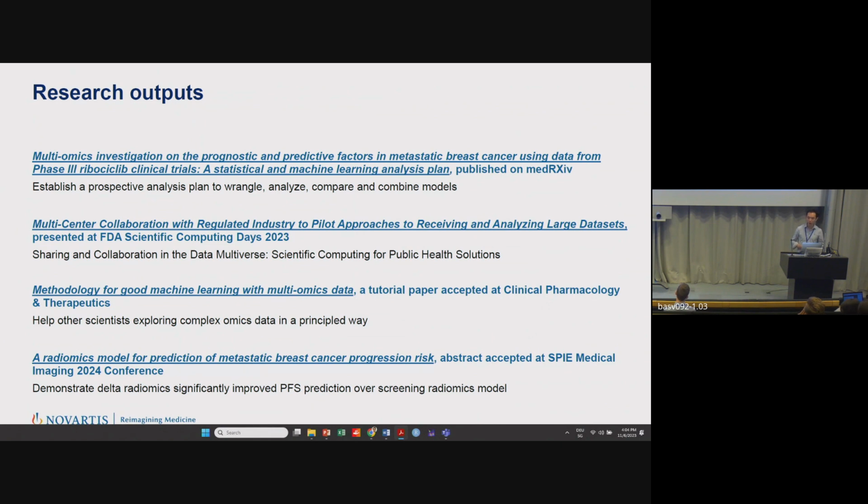We also recently published a tutorial paper that could help other scientists navigate such complex multimodality data in a principled way. And one of our first results publications is led by an FDA author, which looks at how delta radiomics model can improve the prediction of PFS in metastatic breast cancer.